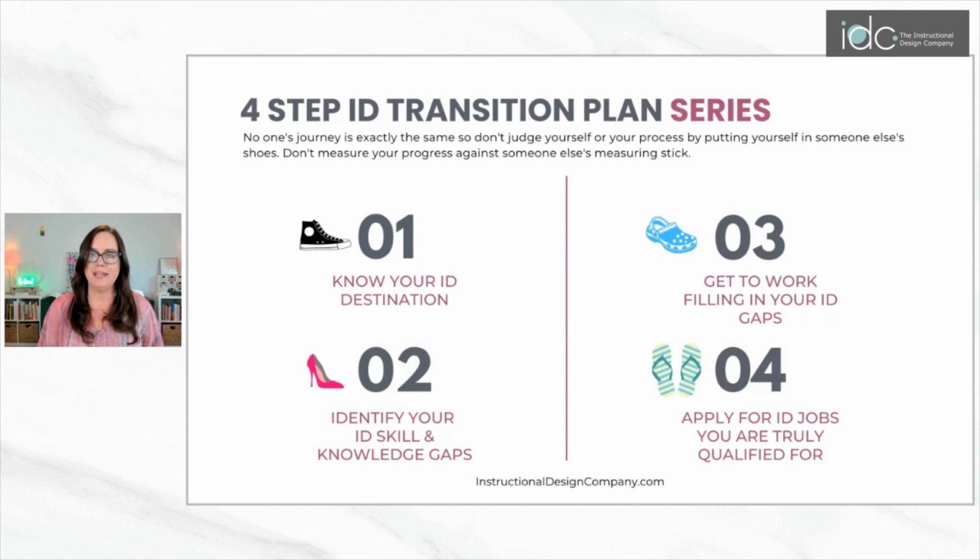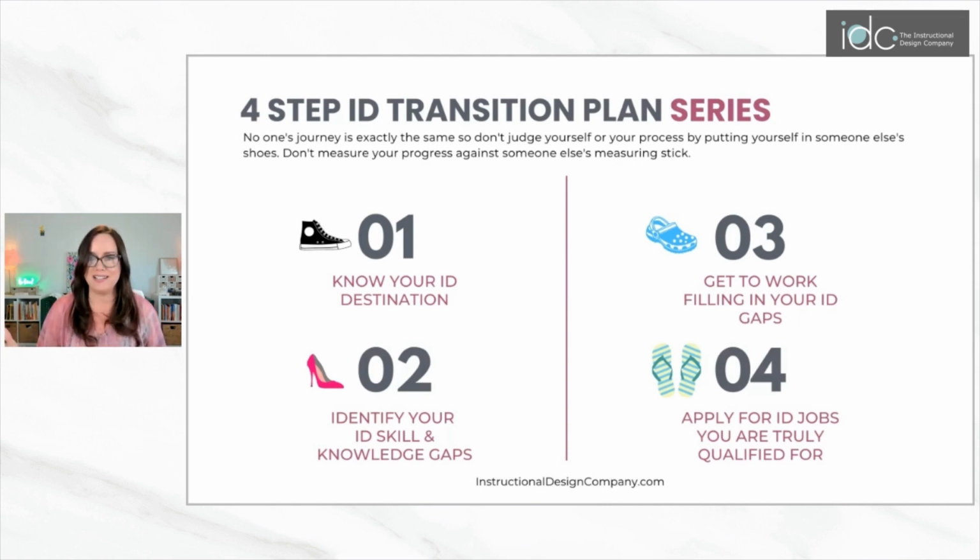So our 4-step plan is really simple. It's not rocket science, but it can get harder because of the details that are in each of these. So step one of our 4-step plan is to know your ID destination. And I'll explain to you what this means in just a second. 2, you want to identify your ID skills and knowledge gaps.